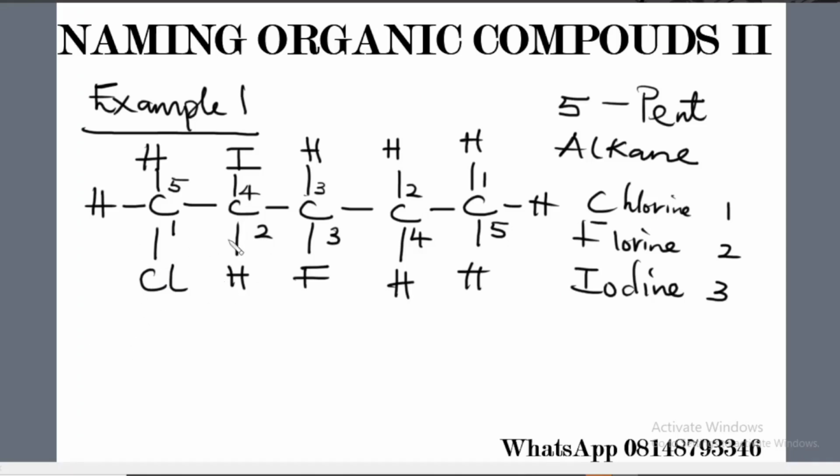Now, in naming this compound, we have 1-chloro. Now, if you look at the second substituent, which is fluorine, fluorine falls where? Fluorine falls at the 3rd carbon, which is 3-fluoro.